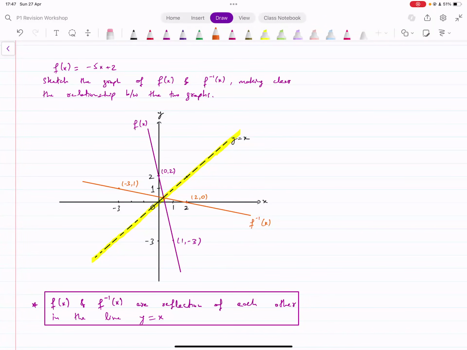Whatever you have marked as 1 unit on the horizontal axis, you should mark as 1 unit the same distance on the vertical axis as well, because otherwise the reflection is not going to look good, and it will not actually look like a reflection if the scale on both axes is not the same. So whenever you draw the inverse function in its original graph, always draw the y equals x line and also use the same scale on both axes.